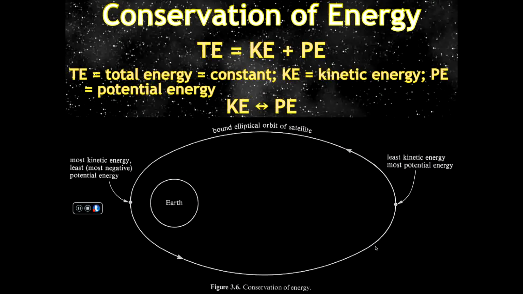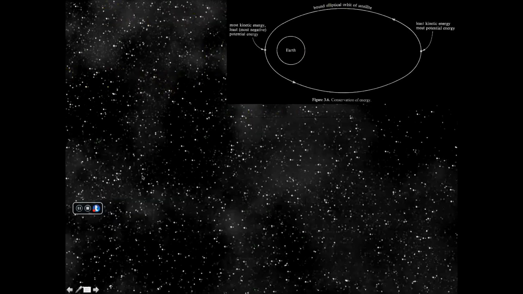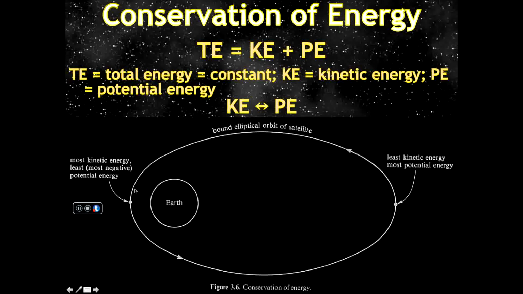So here we have, say, a satellite. We've got the Earth, and we've got a nice elliptical orbit with the Earth at one focus. And so you've got the satellite coming in on an elliptical orbit. As it's coming in, it's being pulled by the Earth, it's accelerating, it is converting potential energy to kinetic energy, it is getting faster and faster until it gets to here, and it will then have enough energy that it can pull away again.